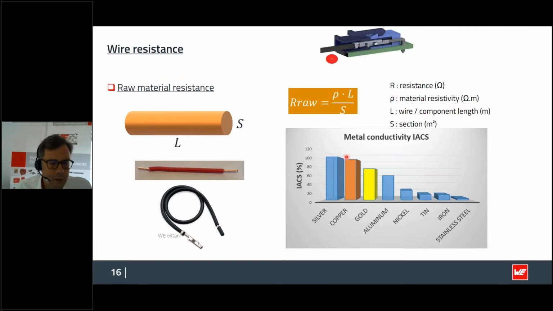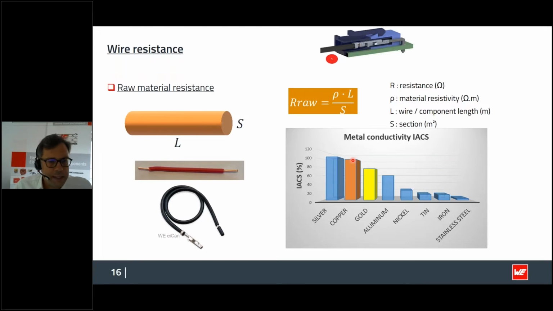But due to the fact that we're talking about conductors or wires, we take a closer look at the conductor itself. Even gold has a worse conductivity in relation to copper, and of course a much higher price. So you do not make conductors or strands out of silver or gold.